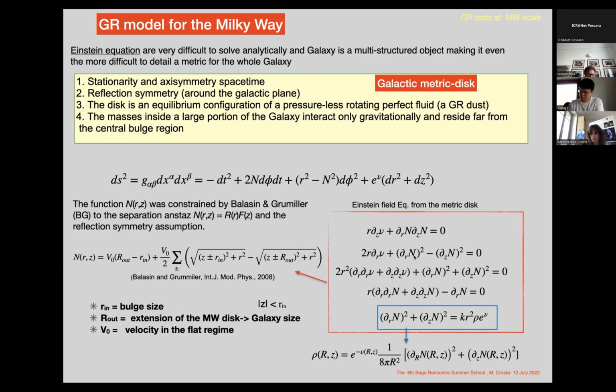On the other side, from another equation, we can solve for the velocity profile, which is quite simple because it depends only on three parameters: the bulge size, the galaxy size, and the velocity in the flat regime. But this model is constrained by the condition that the z coordinate should be less than the bulge size.